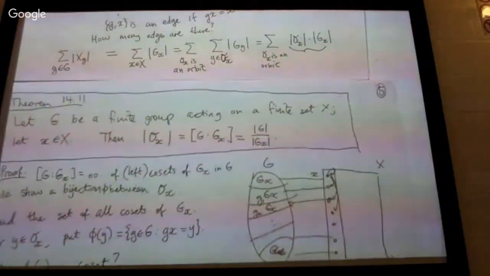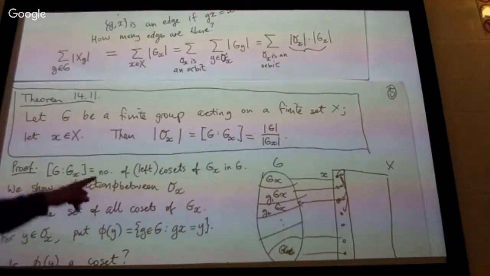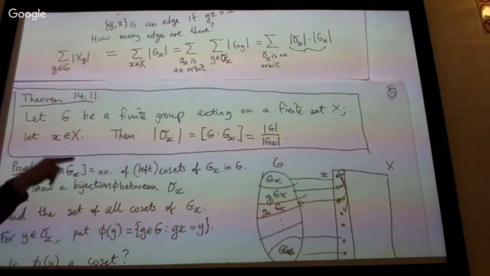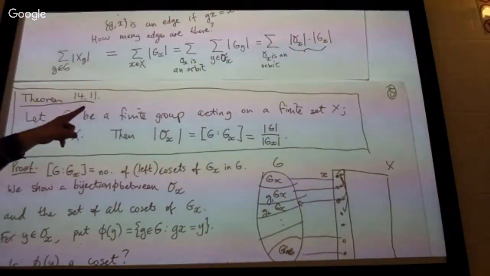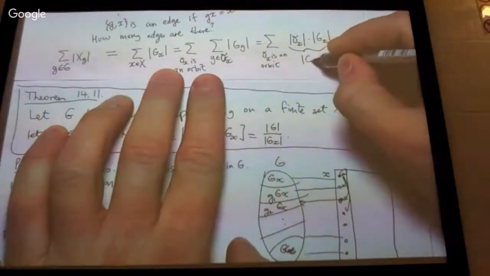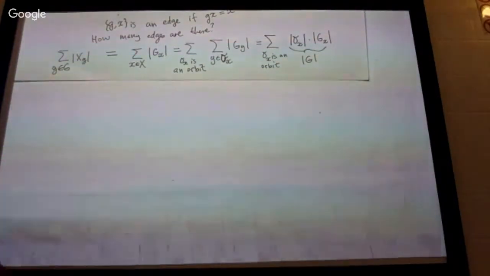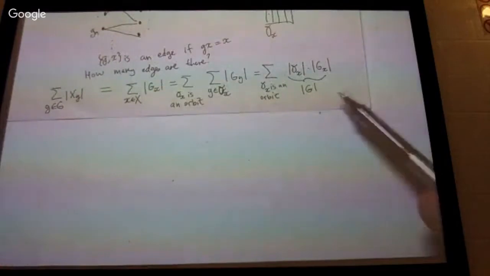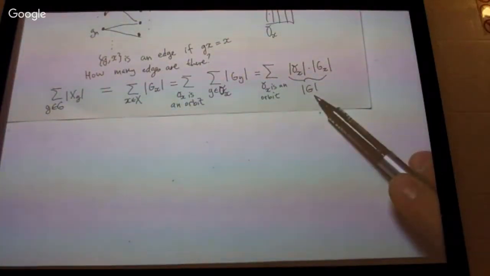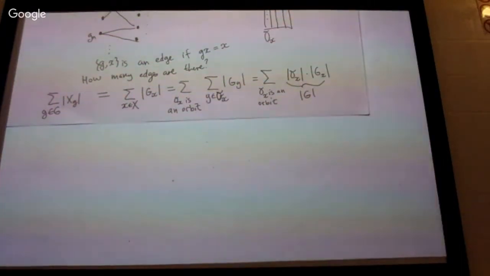Now we need to recall this theorem 14.11, and that's that the size of an orbit is the index of the stabilizer in G. So the size of OX times the order of GX is nothing else than the order of G. Where did you call that from?